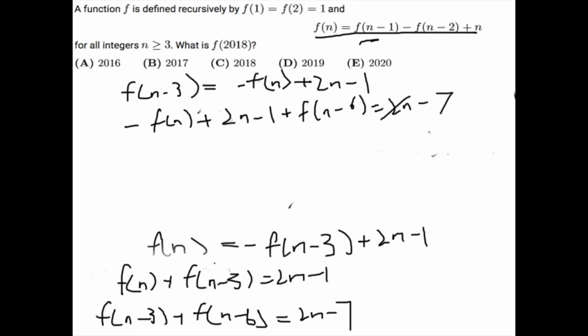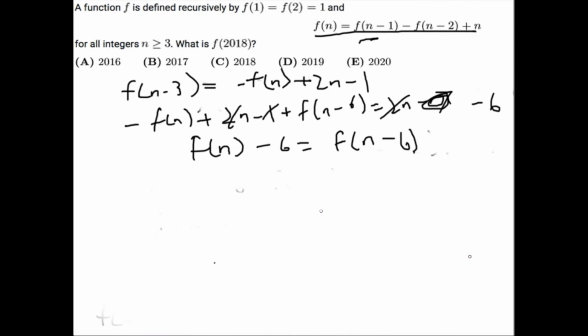The 2n's cancel, and by moving the 1 to this side, we get minus 6. And if we move the f of n to this side, we get f of n minus 6 equals f of n minus 6. With this, we can go ahead and plug in n as 2018 and try to get down to f of 2 or f of 1, which we know the value of.